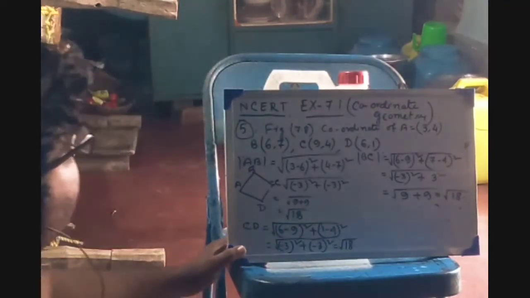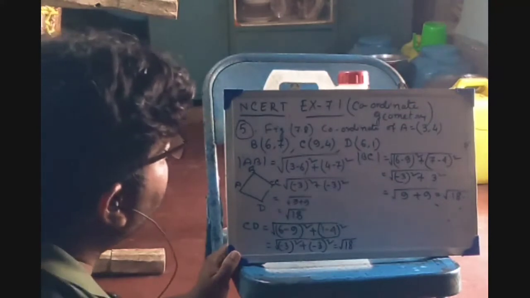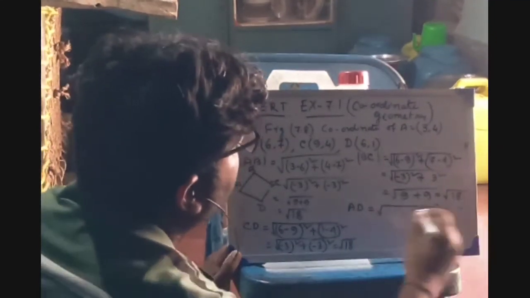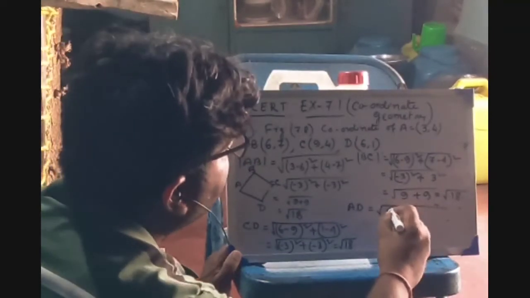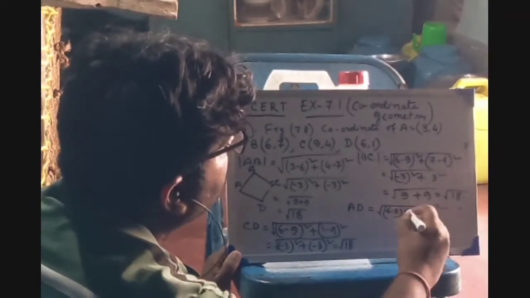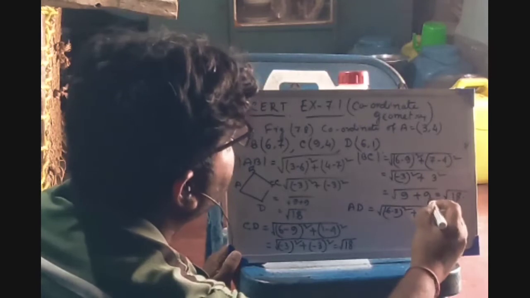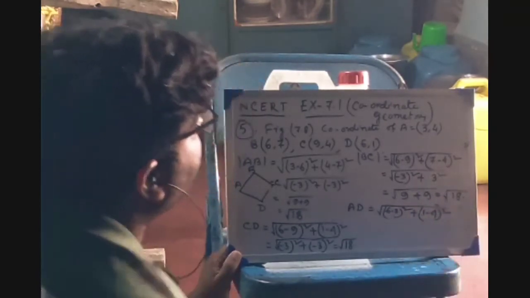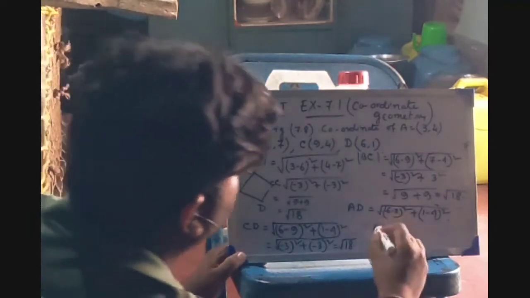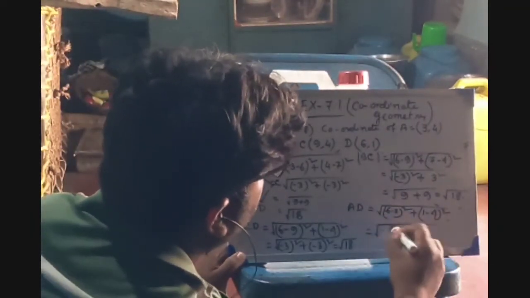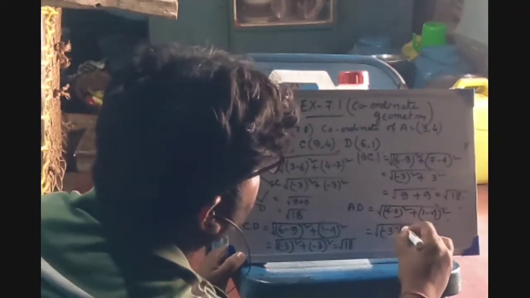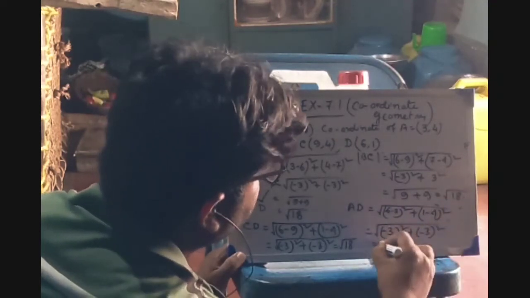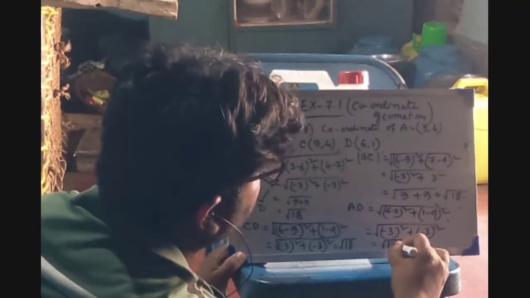Next we have to find AD. AD equals root over of (6 minus 3) whole square plus (1 minus 4) whole square. So that equals root over of (minus 3) square plus (minus 3) square, means root over of 18.